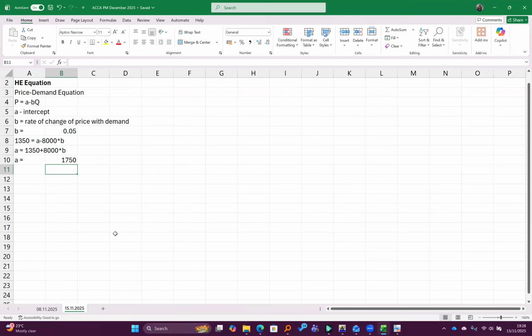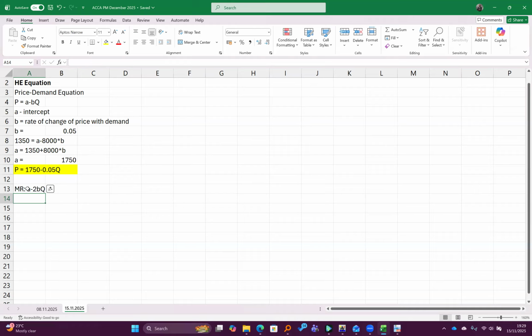So having got our equation, we can now come here and say, therefore our equation is P is equal to 1,750 minus 0.05 Q. So this is our price equation. So now to get actually our marginal revenue from this, marginal revenue is equal to A minus 2 BQ. Okay, like I told you last time, if you know it, then that is good.